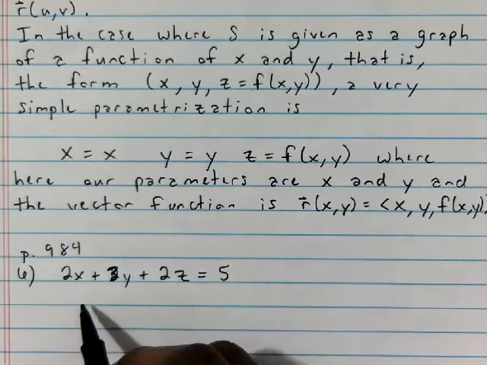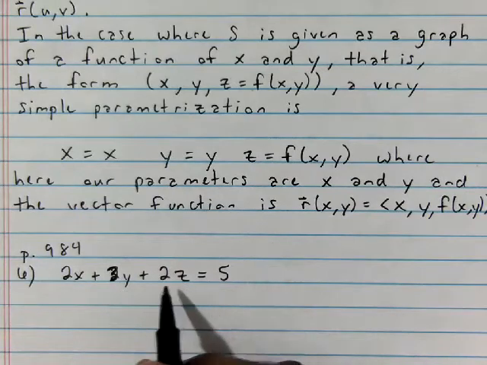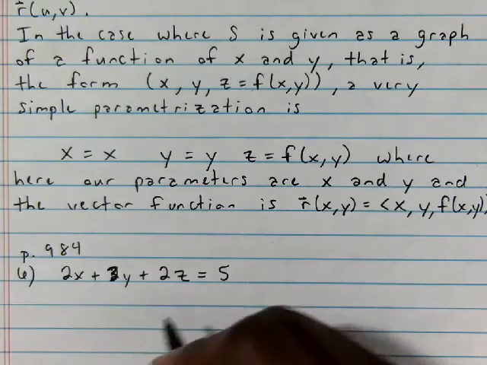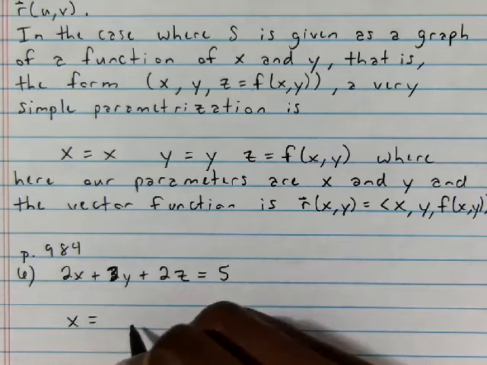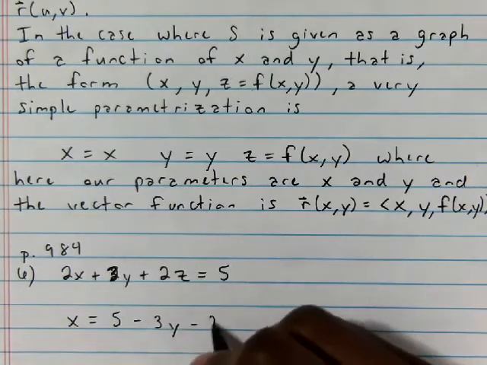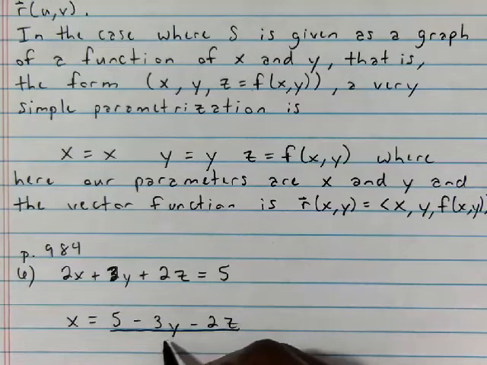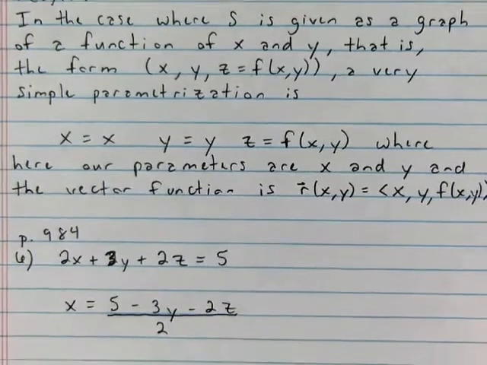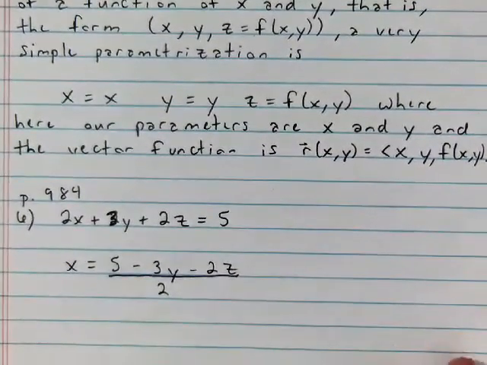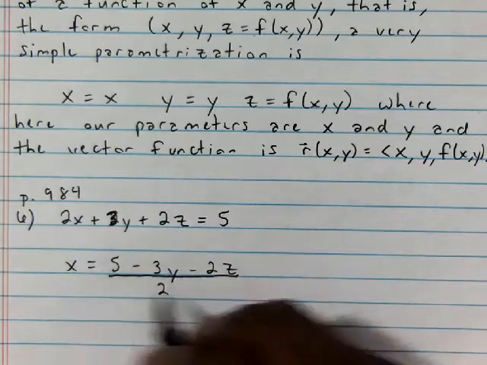If I solve this for x, I get x equals 5 minus 3y minus 2z over 2. Now, to parameterize this, I'm just going to let y be y, z be z, and x be equal to this thing.